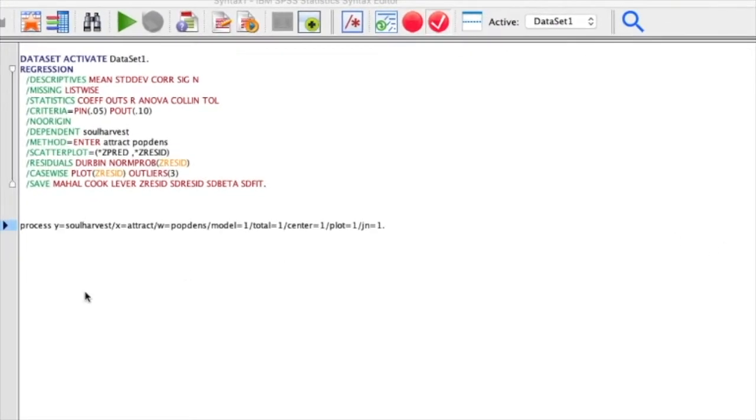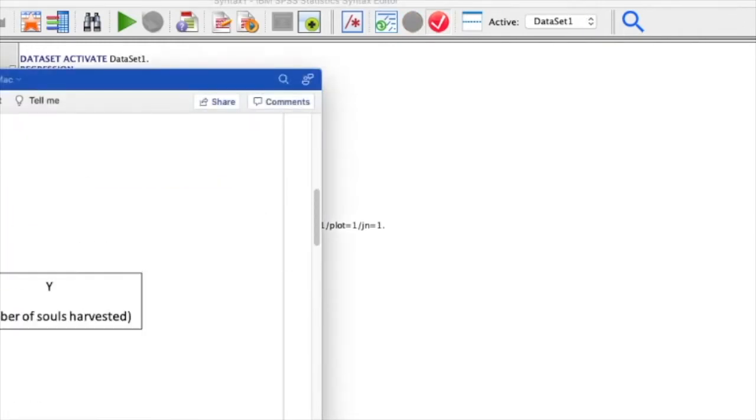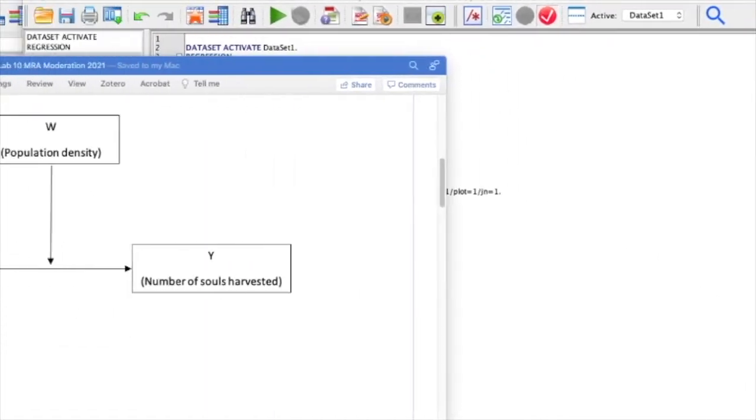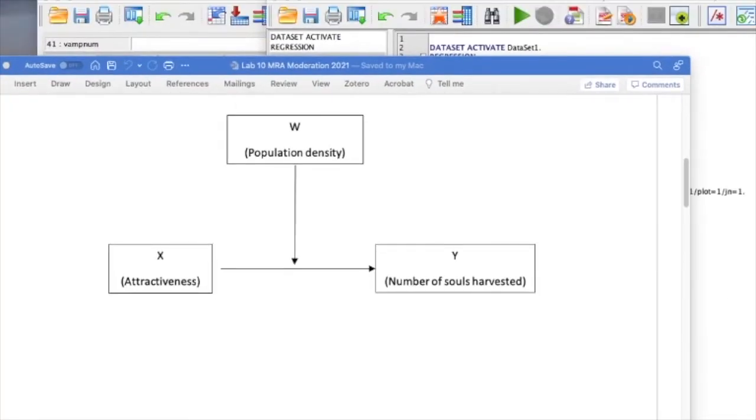So here, all I changed was that we just had to say our Y is soul harvest, X is attractiveness, and W is pop dens. Again, that's just what we put for this original model.